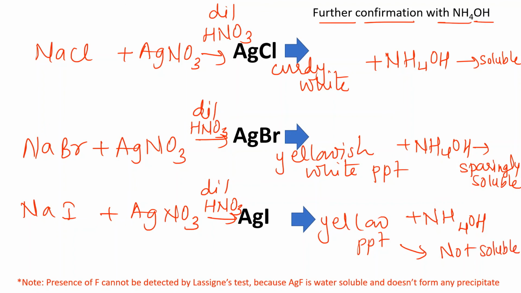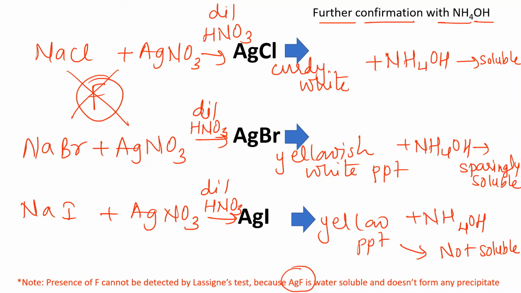Now you may ask why only chlorine, bromine and iodine are getting identified here, and why I am not saying anything about fluorine. Because fluorine we cannot detect using Lassaigne's test, because silver fluoride is water soluble and doesn't form any precipitate.